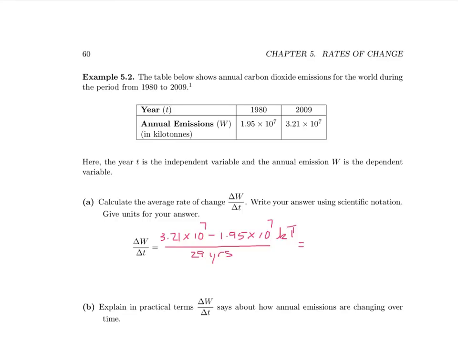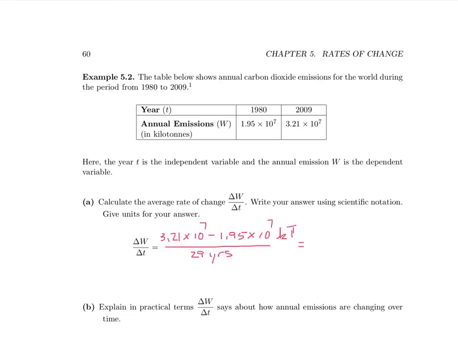Now, one tip. In the numerator, notice that we are subtracting two quantities, both of which have the same exact power of 10 in them. When that happens, a simple way of performing the subtraction is to simply subtract these two numbers by themselves, the 3.21 and the 1.95.